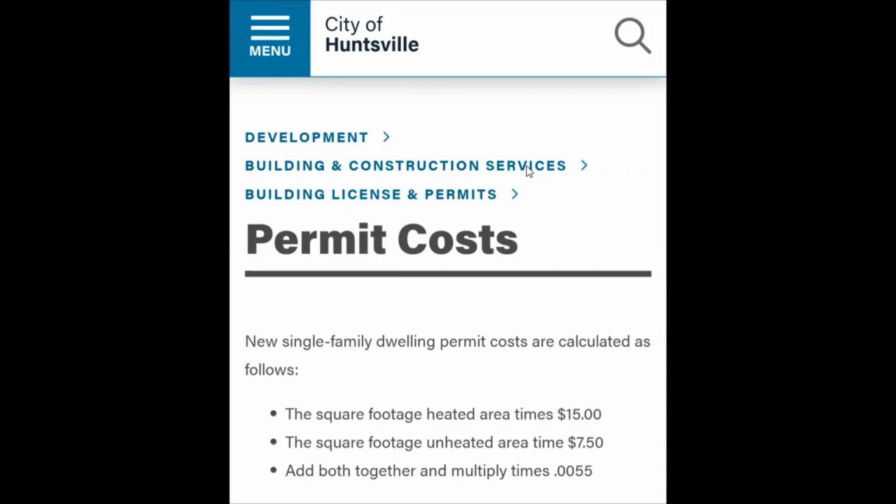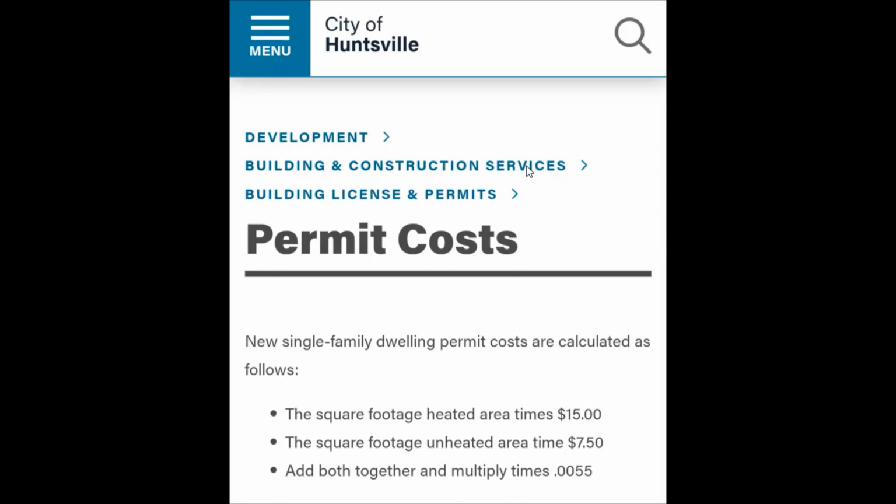But when I looked at it, I saw that it was variable and it was dependent upon the heated area, the square footage of the house, the size of the unheated area and whatnot. But it could basically be translated into a mathematical formula.